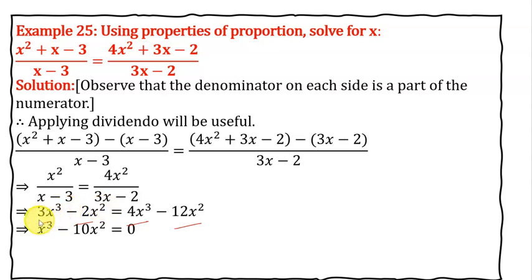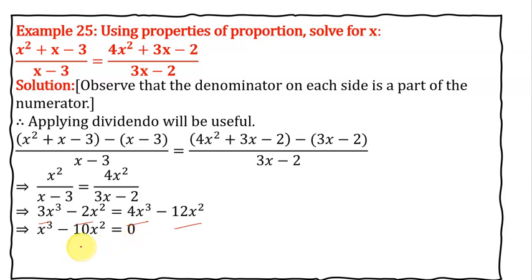Now shift these two terms to the right hand side. Therefore, 4x cube minus 3x cube gives x cube. Next, minus 12x square; if we shift this to the right hand side, it becomes plus. Minus 12x square plus 2x square gives minus 10x square.